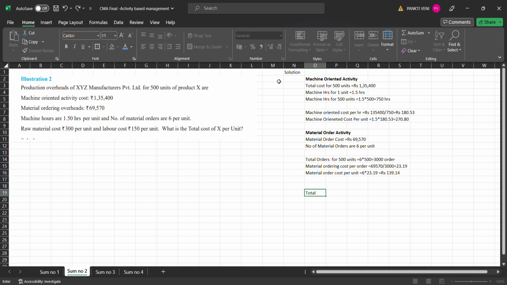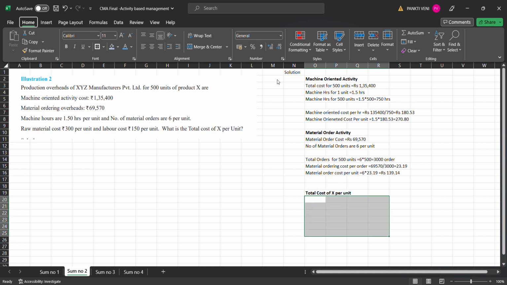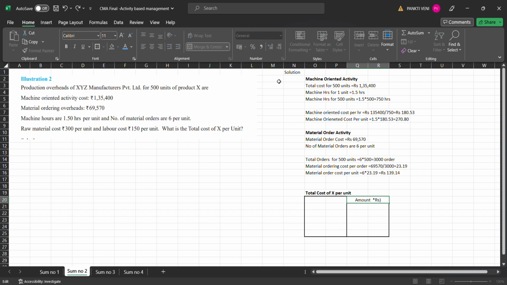Now I have total cost of X per unit. I'm supposed to answer them, the total cost. So what I'll do, I'll prepare a cost sheet wherein I'll answer them in amount. Okay, in a statement form I'll answer them. Here I have particulars.